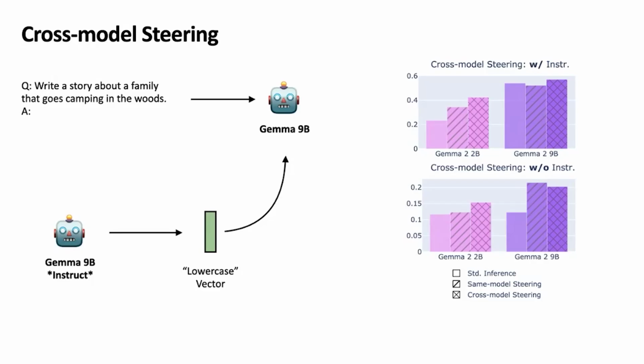So the conclusion is that between base models and instruction-tuned models, this transferability is possible, and on top of that, in some cases we observe that performing this cross-model steering can actually be more effective.